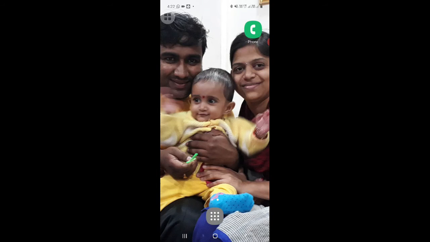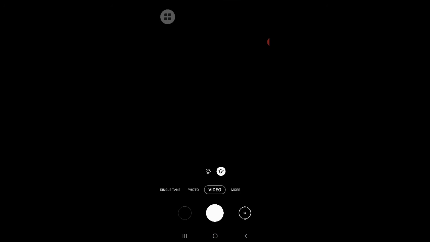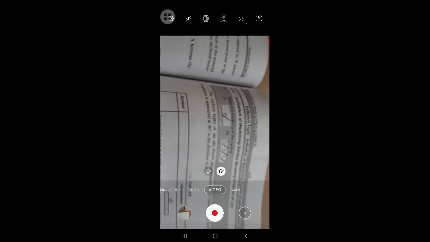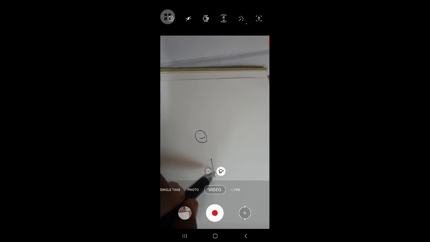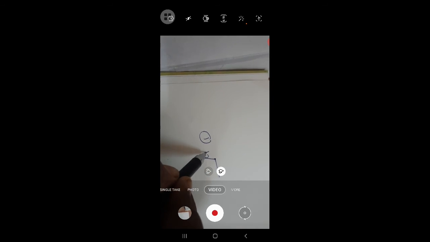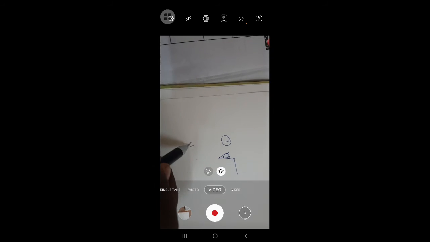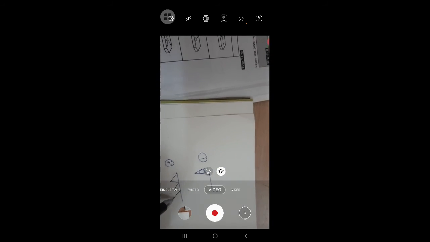So this is the exam question. First symbol, what is the meaning of that symbol? And second, what is the meaning of 3 triangle?